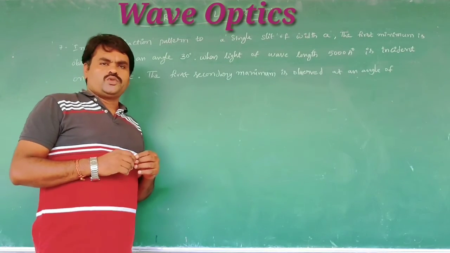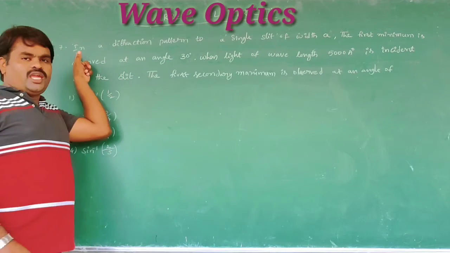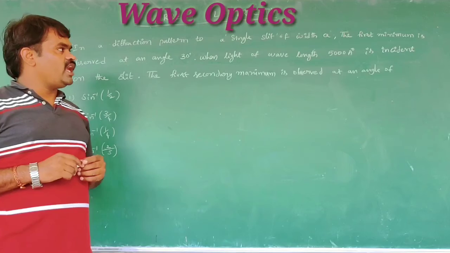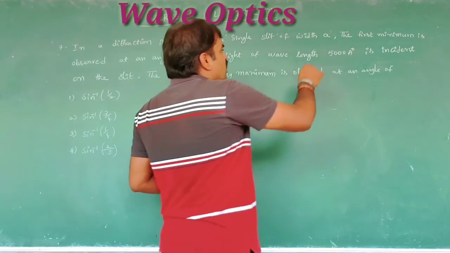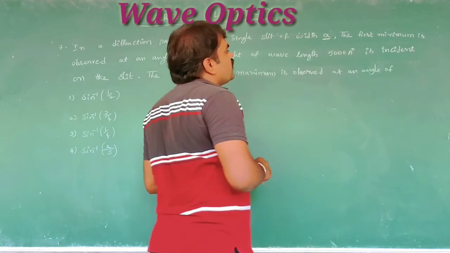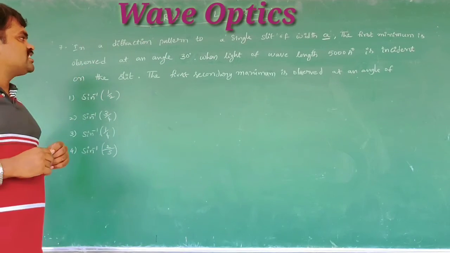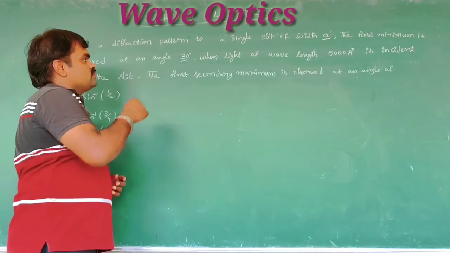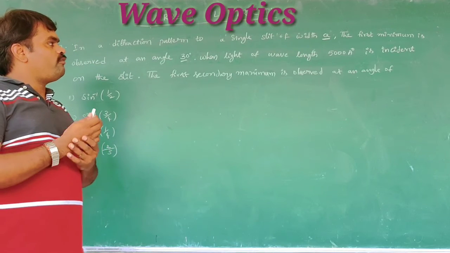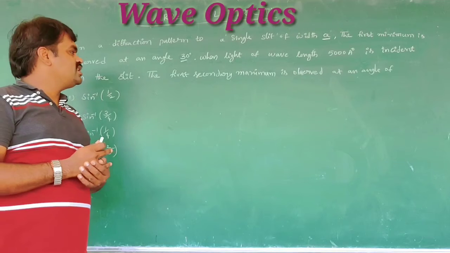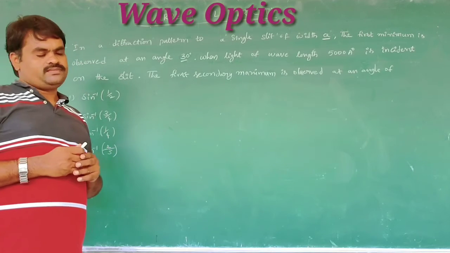Now going to discuss the seventh one. In a diffraction pattern of a single slit of width A, the first minimum is observed at an angle of 30 degrees when light of wavelength 5000 angstroms is incident on the slit.